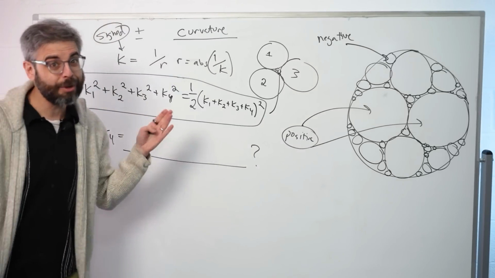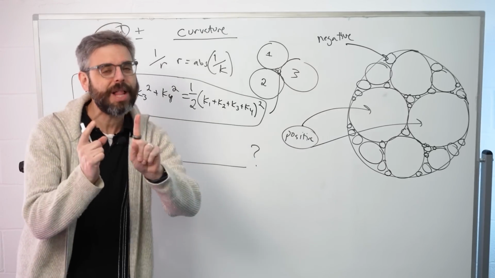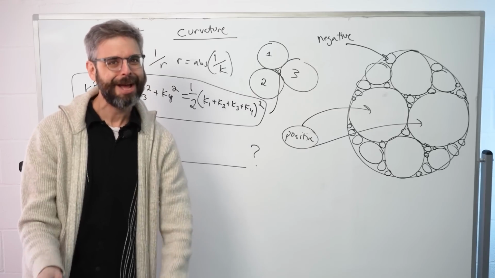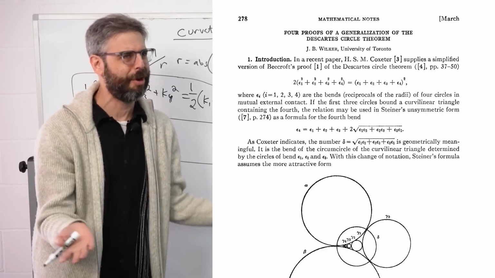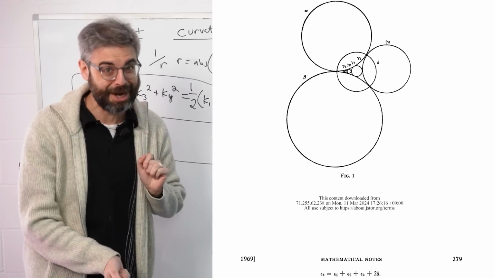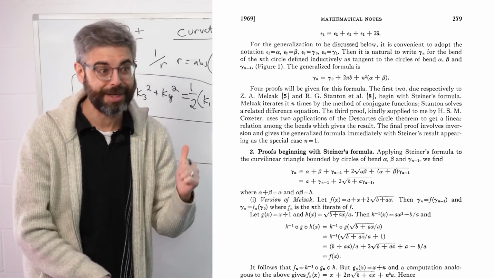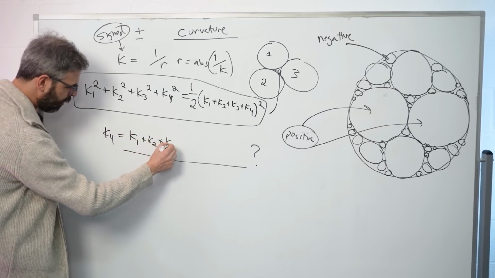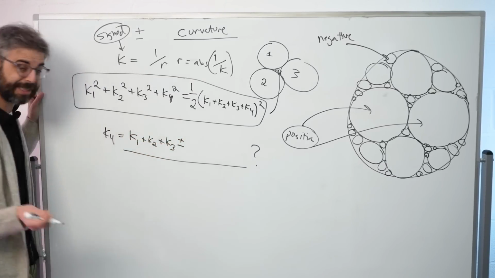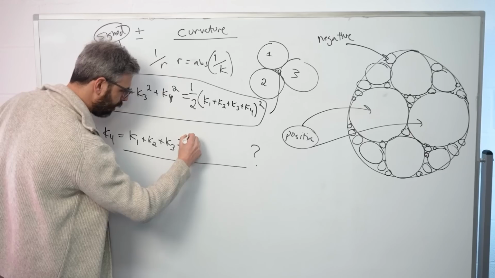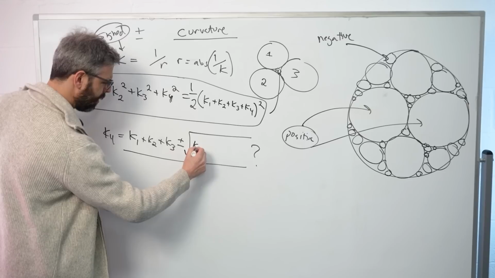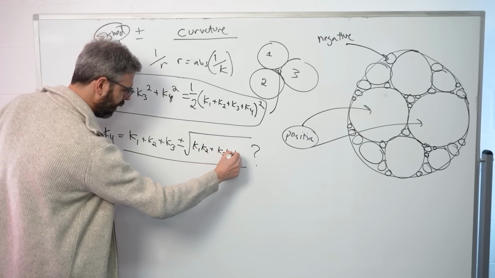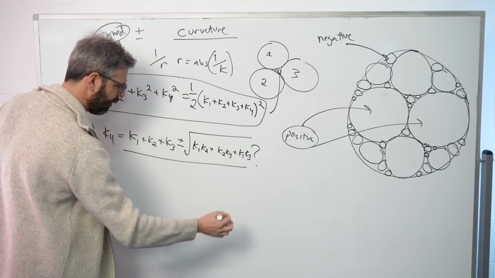This is a quadratic equation. It can be solved. It will, as you see, have multiple solutions. I'm not going to derive the solution, but I will put a reference, hopefully I can find one, that shows the derivation of the solution. Let me show you what it is. Curvature 1 plus curvature 2 plus curvature 3 plus or minus, multiple solutions, the square root of K1 times K2 plus K2 times K3 plus K1 times K3.